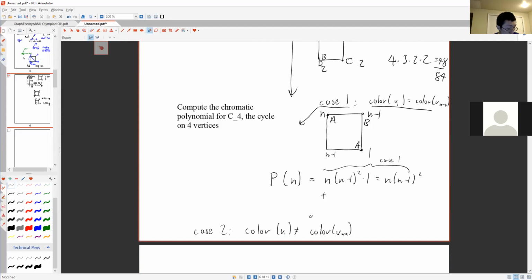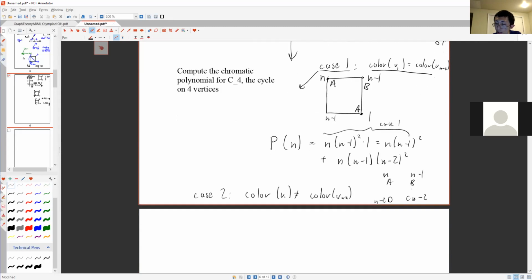So this time there's n ways, n minus 1 ways, n minus 2 ways. So let's say this is A, this is B. This one can be neither A nor B, so it's C. And then there's n minus 2 for the last one. Let's call it D. So we have to add in case 2 where there's n minus 1 choices, n minus 2 choices squared.